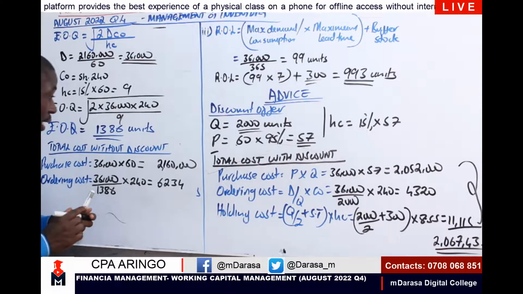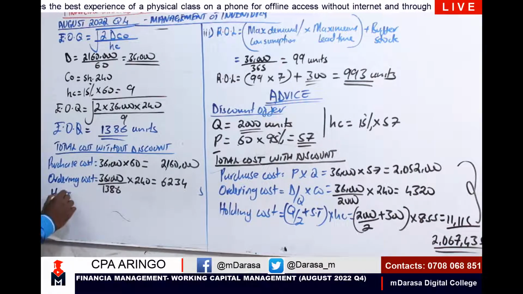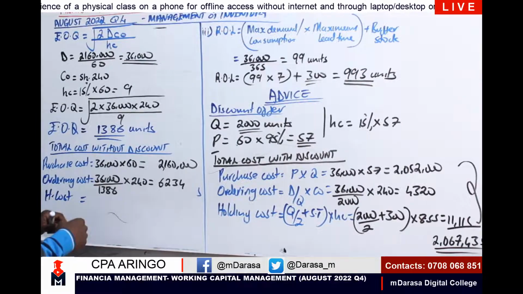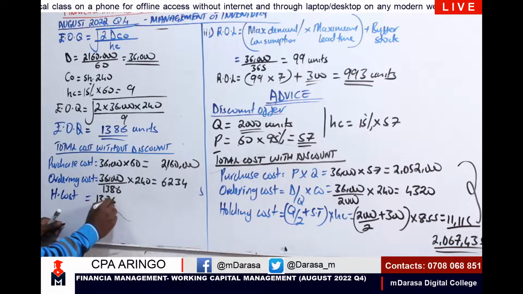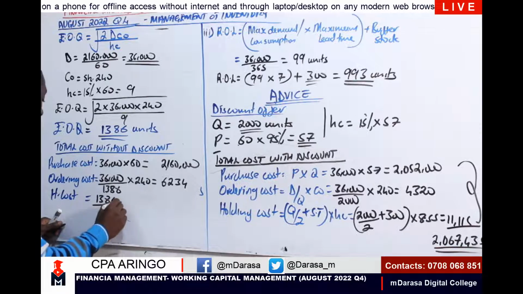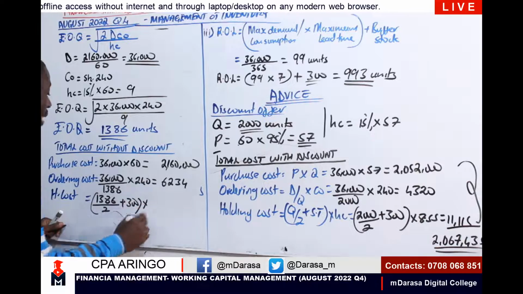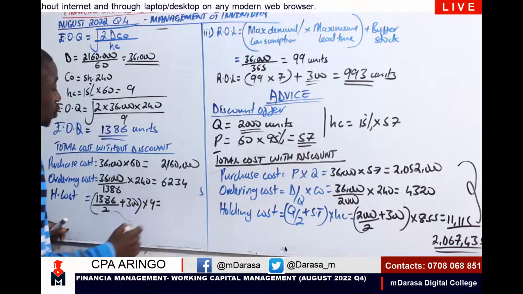What about my holding cost? That will be simple because I just take our Q, which is 1,386, the EOQ, and divide by 2. I add my buffer stock, which is 300, and multiply by our holding cost, which was 9.